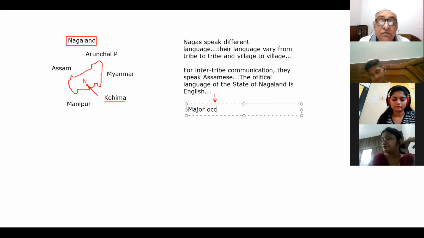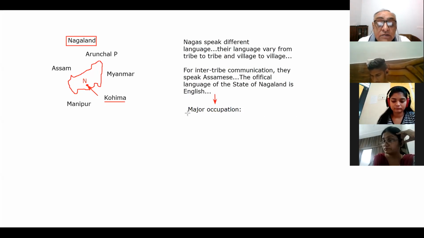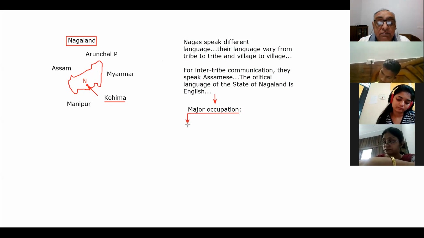Next is the major occupation of the Naga community. Naga people are mainly agrarian people. They practice agriculture as their main occupation.